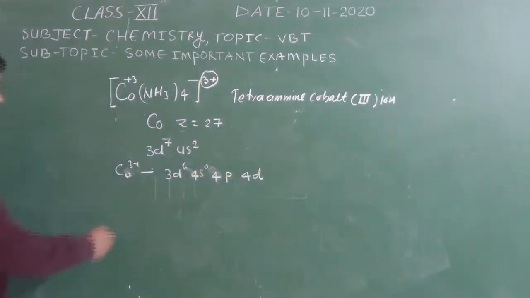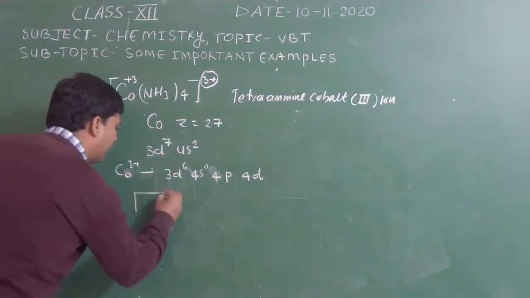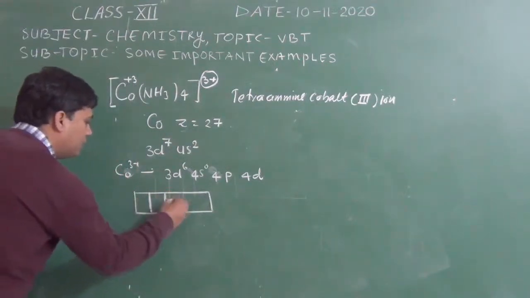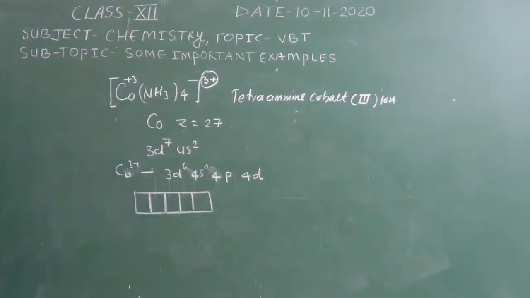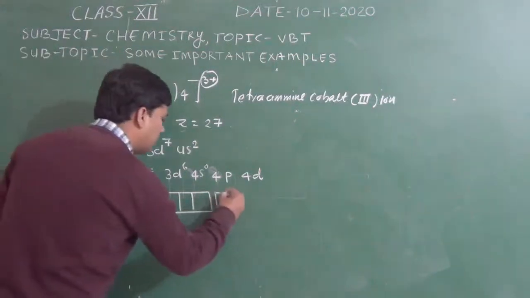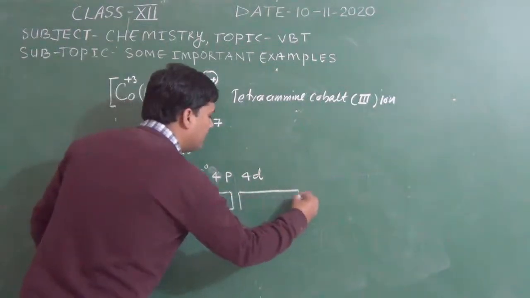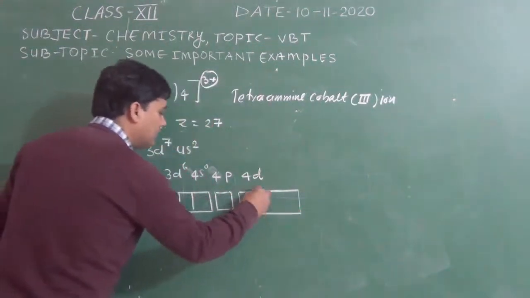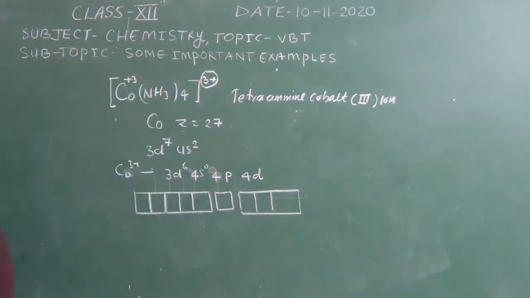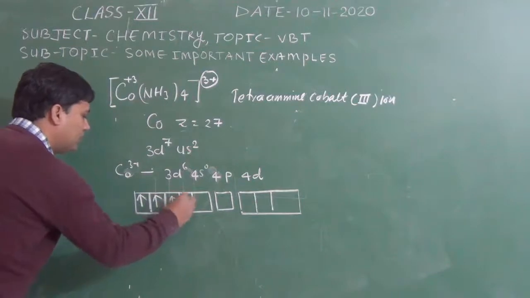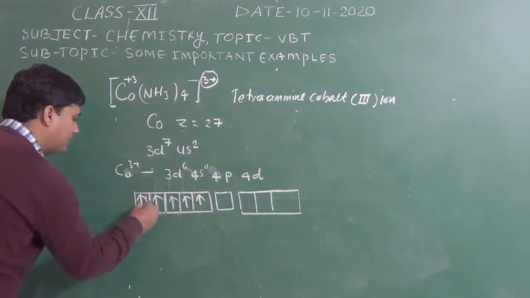Then you are required to draw the orbital picture diagram. This is 3d, 1, 2, 3, 4 and 5. It contains 5 orbitals. In case of 4s, it contains only 1 orbital. In case of 4p, it contains only 3 orbitals. Okay, so how many electrons? 6. 1, 2, 3, 4, 5 and 6.